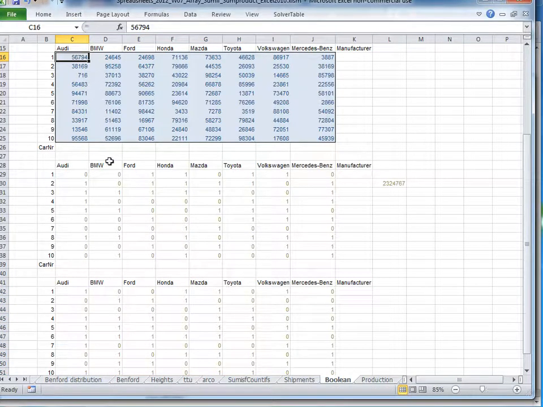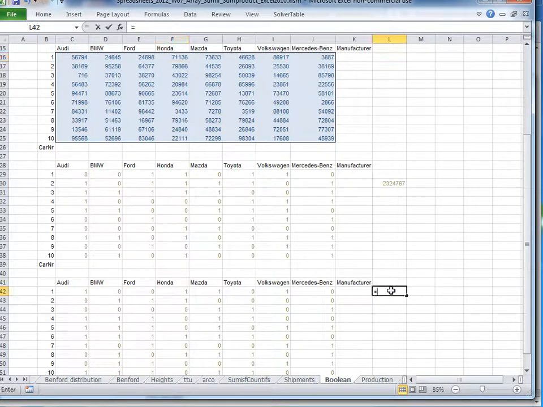If the distance was smaller than 50,000, then it's 0 times the distance. If it was bigger than 50,000, then it's 1 times distance. And it adds them all together, and we get the number of miles traveled by the cars which have traveled more than 50,000 miles. Yeah, that could make sense as well.